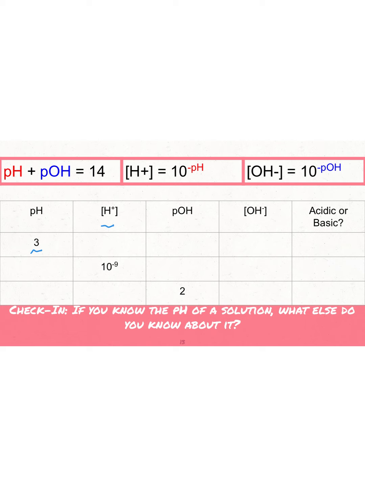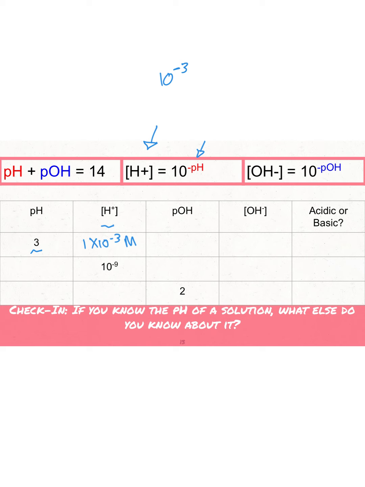We learned that if we know the pH, then the H plus concentration is going to be 10 to the negative power of the pH. So that would be 1 times 10 to the negative third. Importantly, the unit is molarity.